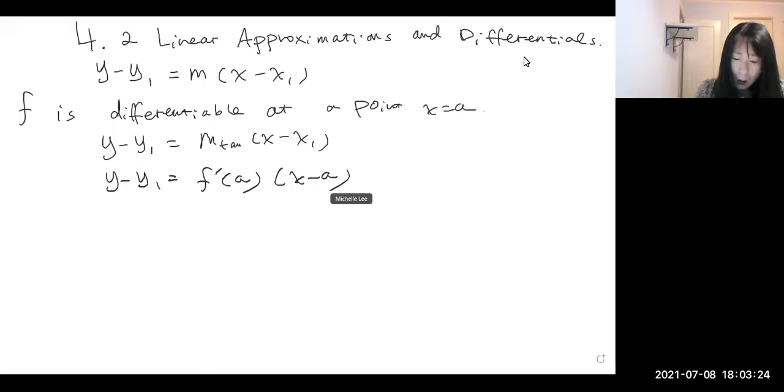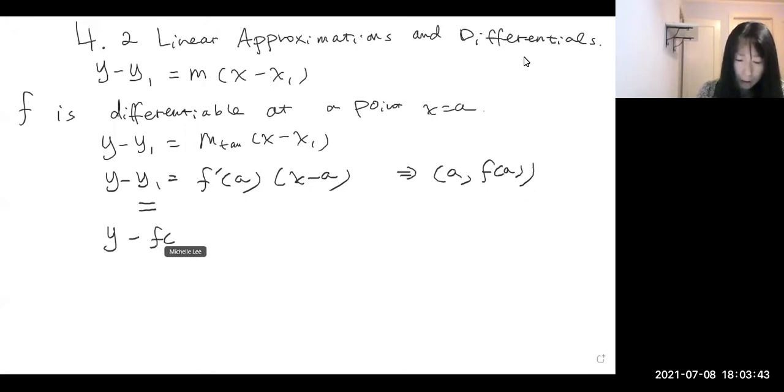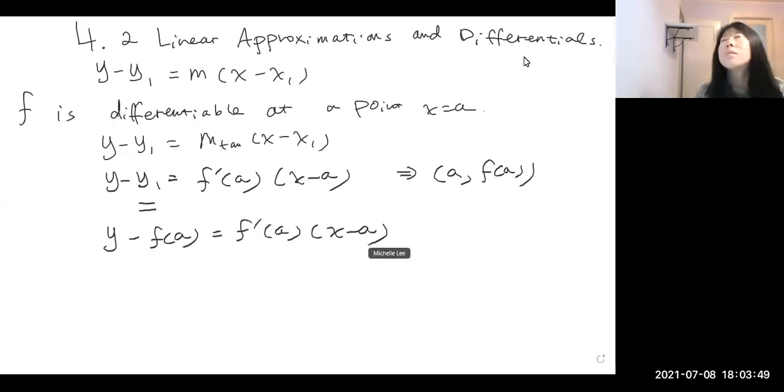Then we want to express this in function notation, because in this case, the ordered pair is a and f of a, right? So this will be y minus f of a equal to f prime of a times x minus a.